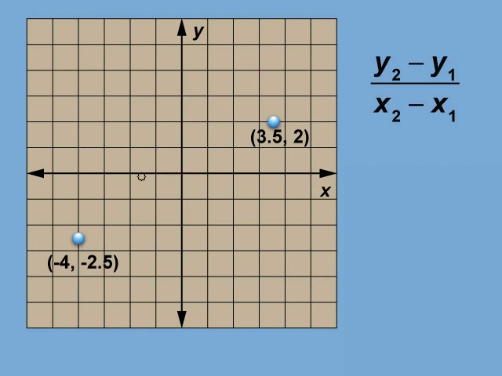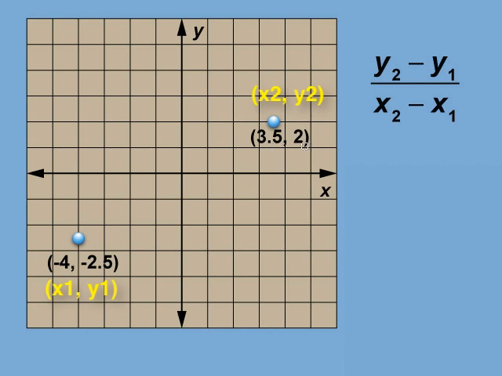To graph it, we move 4 units along the negative x-axis and 2.5 units along the negative y-axis. Let's designate this point as x1, y1, and let's designate this point as x2, y2.